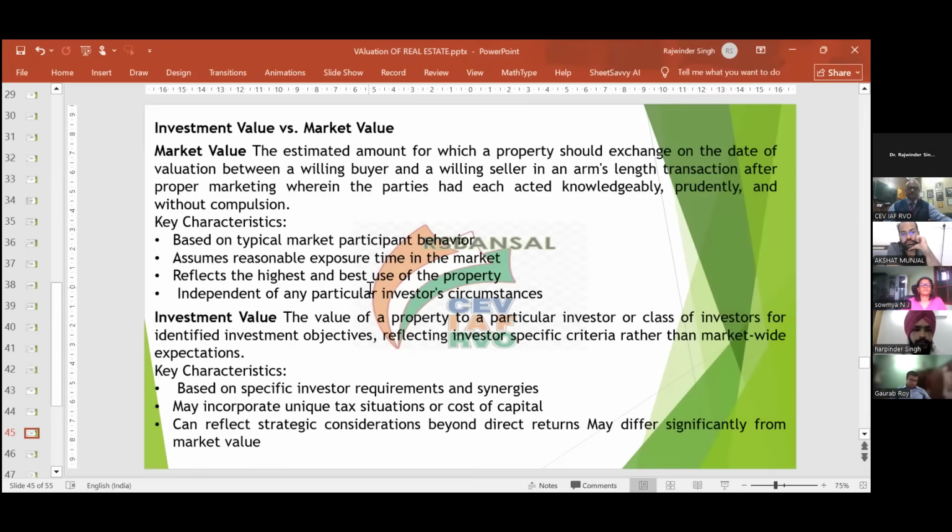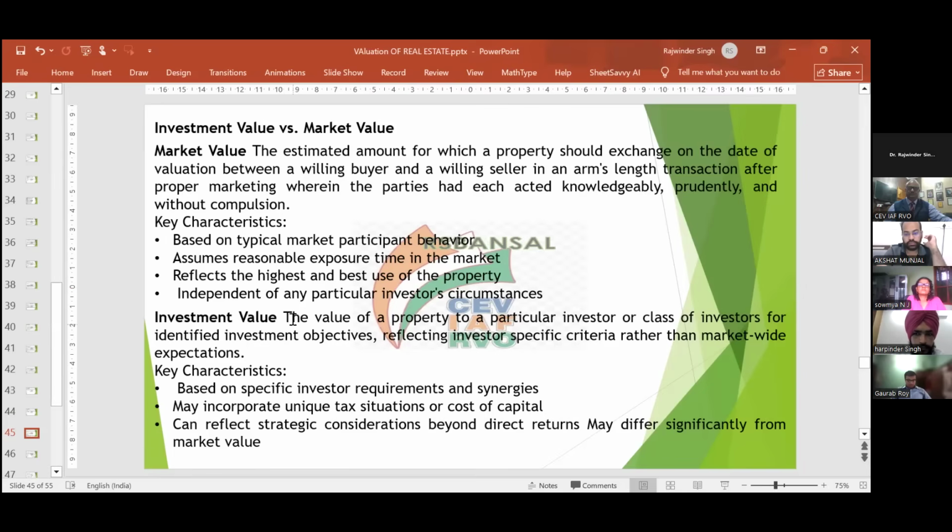Then the difference between market value and investment value. Market value, we have already discussed. What is investment value? We have already discussed it, but we will now make the difference.